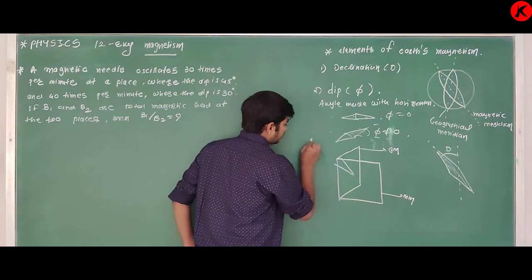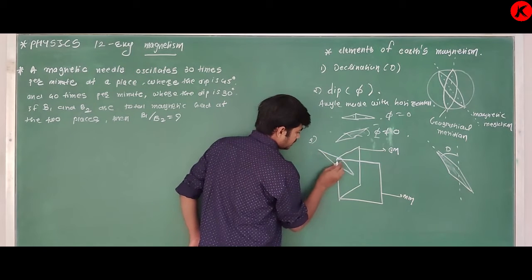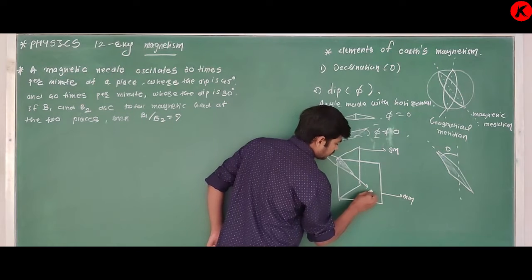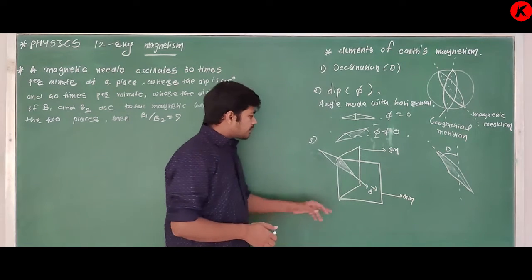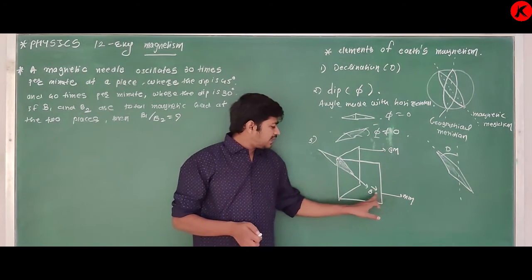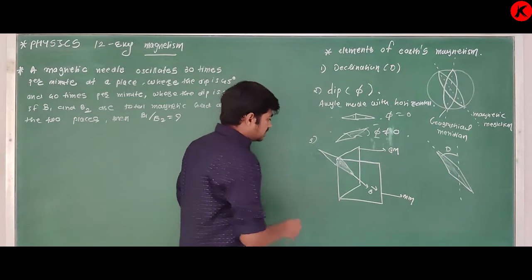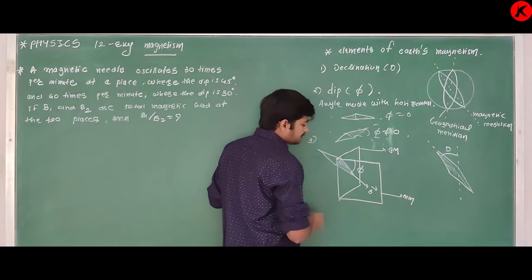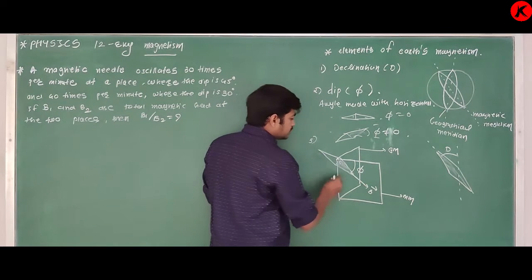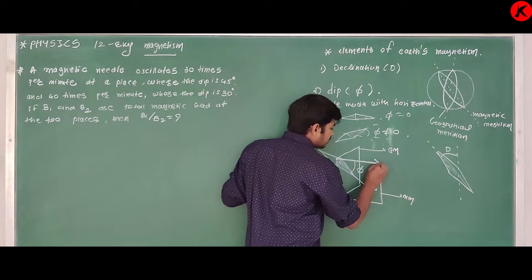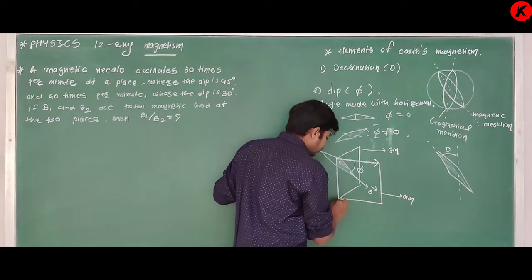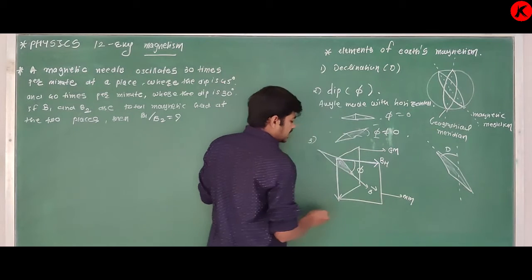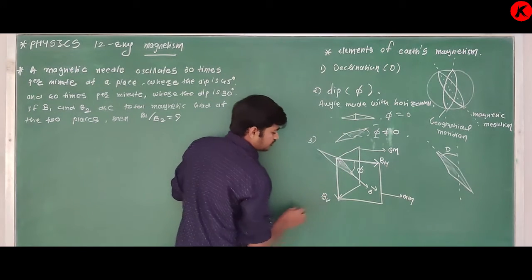Number 3 I will write here. It will align like this, for example. Then it represents the direction of magnetic field. So see, the magnetic needle aligns in magnetic meridian. It makes some angle with horizontal. That angle is called angle of dip, phi. So if it is the magnetic field of Earth, we can resolve it in two components: one in horizontal direction, one in vertical direction. This horizontal component is BH. This vertical component is BV.